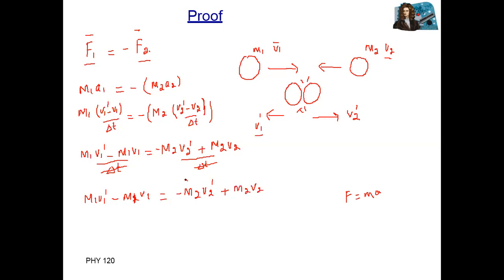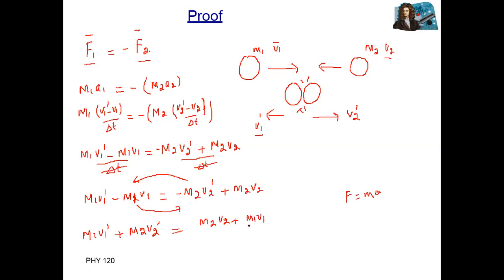So transfer this one to this side, and you can transfer m1 v1 to the other side. First of all, we have m1 v1 prime plus m2 into v2 prime. Okay, we have here m2 v2 plus, if you transfer m1 v1, we have m1 v1.